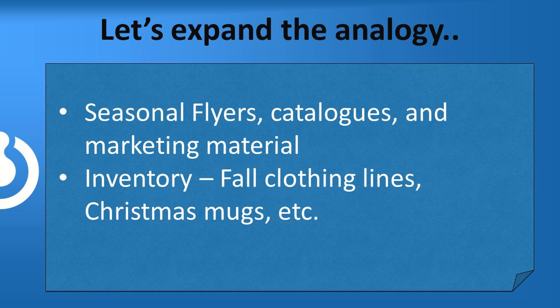Every store has some fall, winter, summer lines, right? They want to promote during that season. Right now, a lot of coffee shops have Christmas mugs you can buy, Christmas gifts, etc. So how can we expand this analogy and actually make it relevant to your hub?